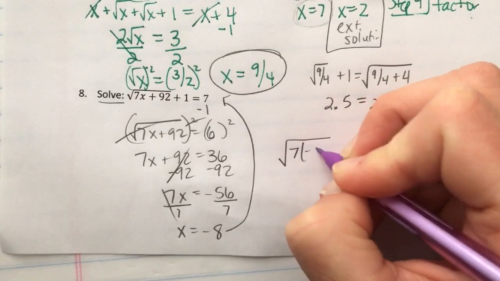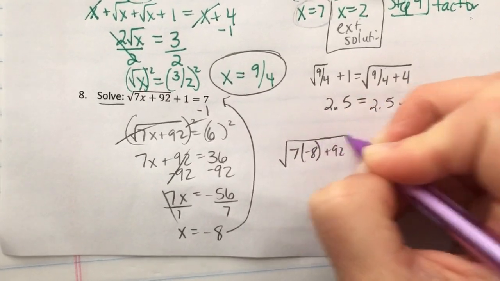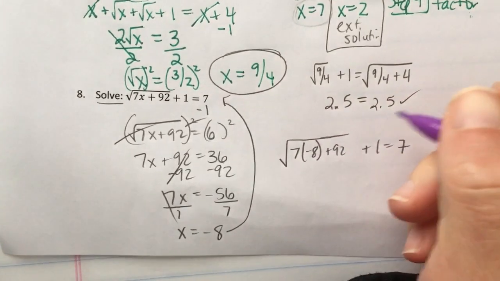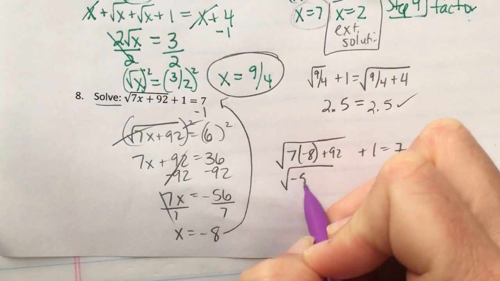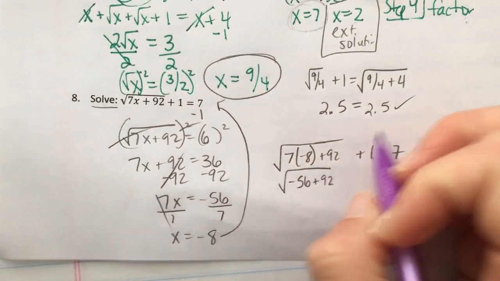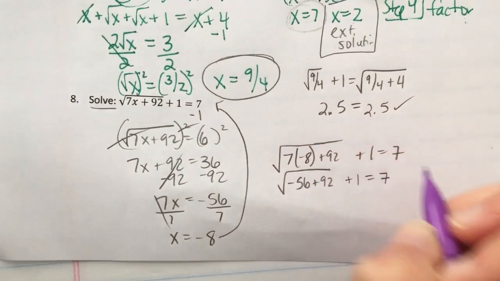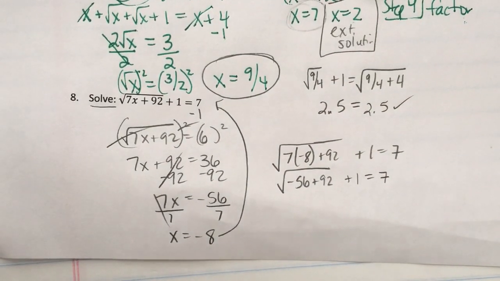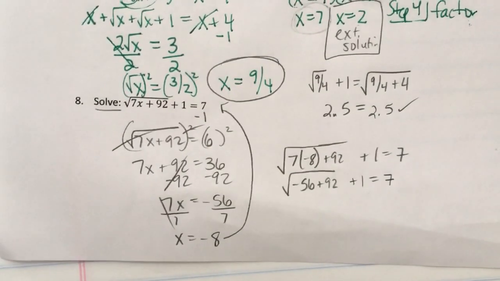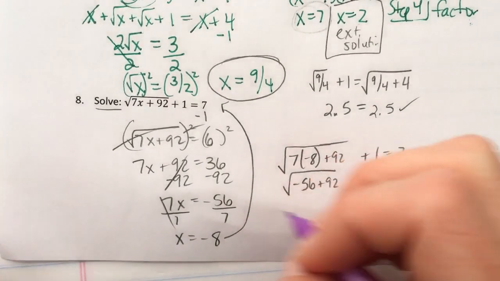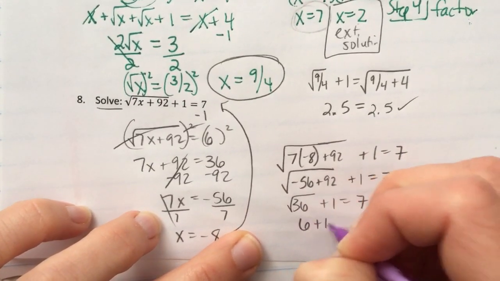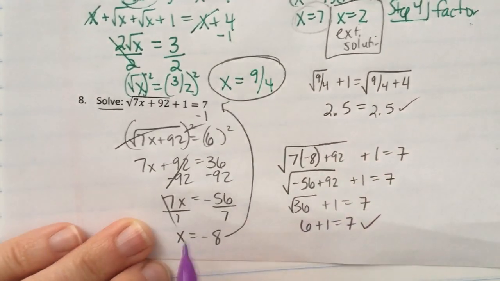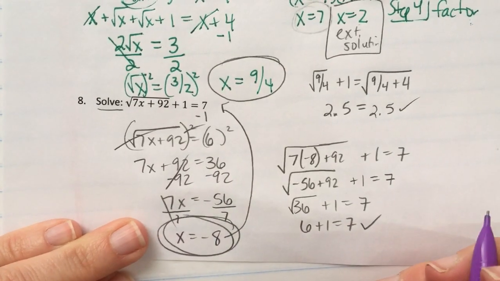Square root of 7 times negative 8 plus 92, plus 1 equals 7. So I get the square root of negative 56 plus 92, plus 1 equals 7. All right, negative 56 plus 92 is 36. Square root of 36 is 6. And 6 plus 1 does equal 7. So x equals negative 8 is a solution.